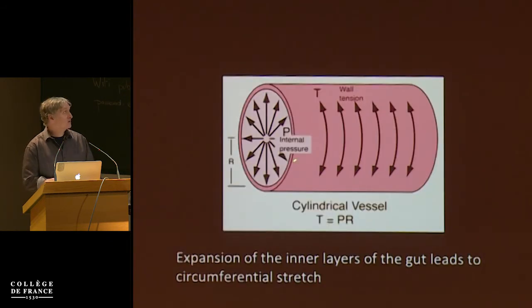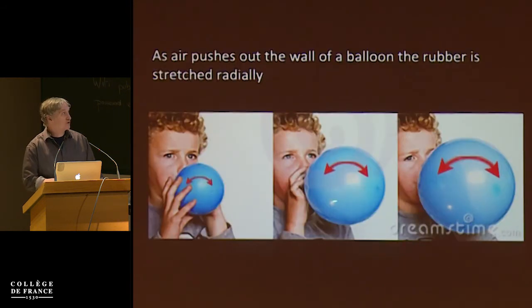And of course, as you have a tube that's being pushed outward as it's growing, you get this circumferential tension in the wall of the tube, very much like the stretch on the surface of a balloon as it's being blown up. And it's very easy to show that there is such a stretch, which we think is coming because if everything was growing at the same rate, you wouldn't have a stretch.